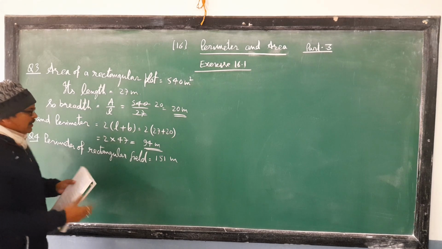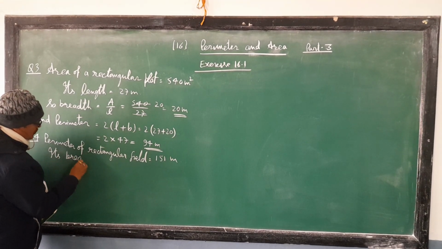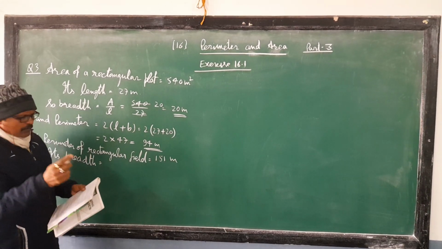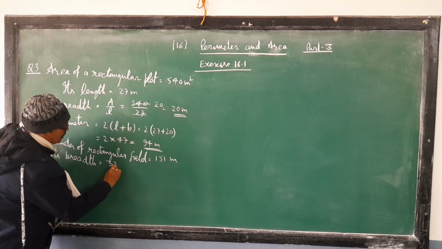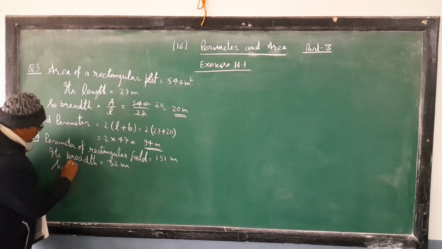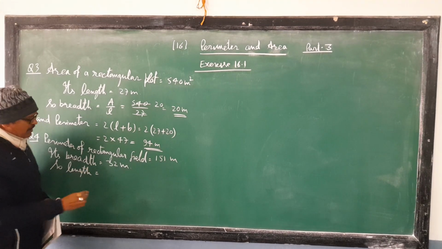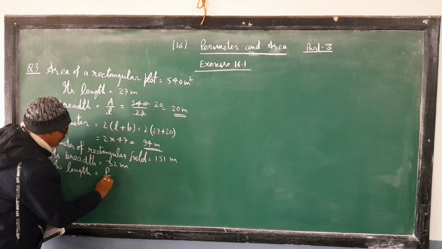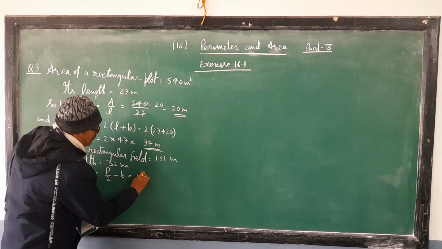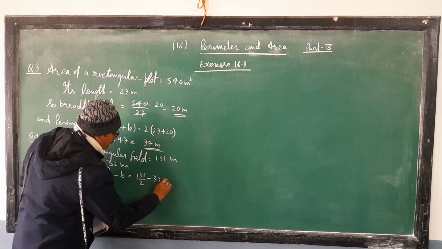And its breadth is given, 32 meter. So length, the formula for finding length is perimeter upon 2 minus breadth. 151 upon 2 minus 32.